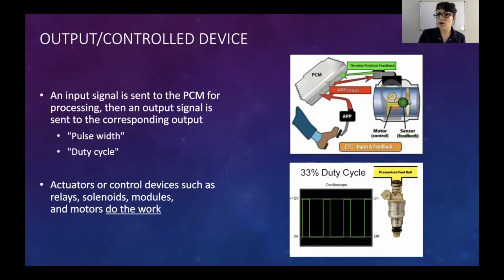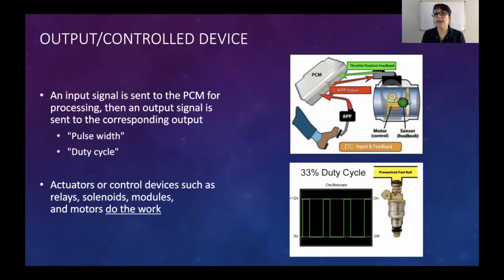What we've got here is voltage, but what we don't have on the bottom axis is how much time. Most of the time your oscilloscopes are not just going to tell you voltage or current, it's also going to tell you over a span of time. And pulse width is going to be, all right, I turn this fuel injector on for 20 milliseconds. That is going to be your pulse width. How long did you turn that actuator on?